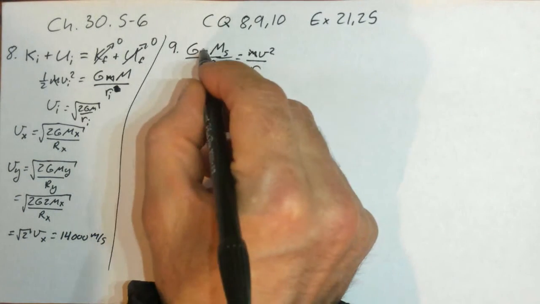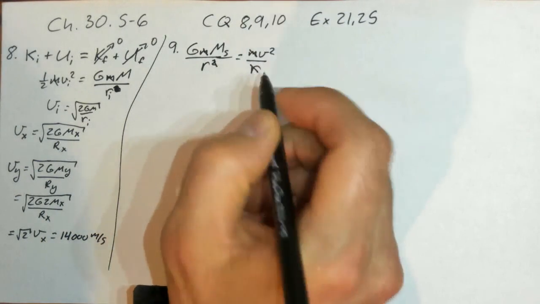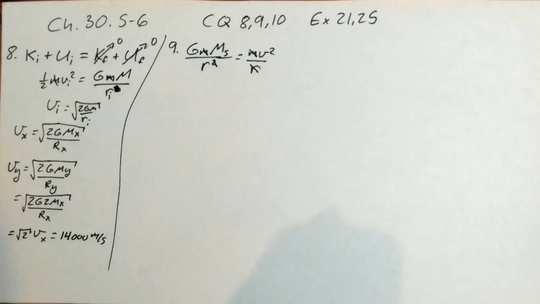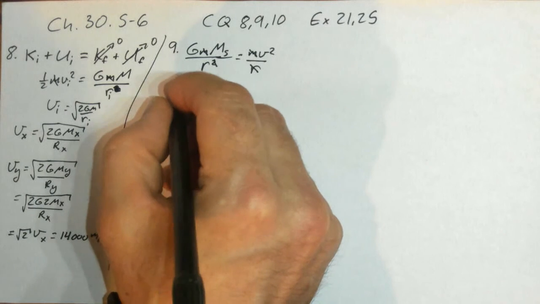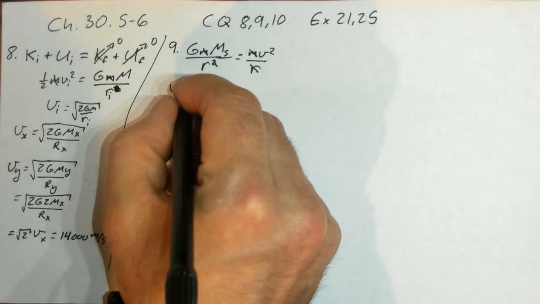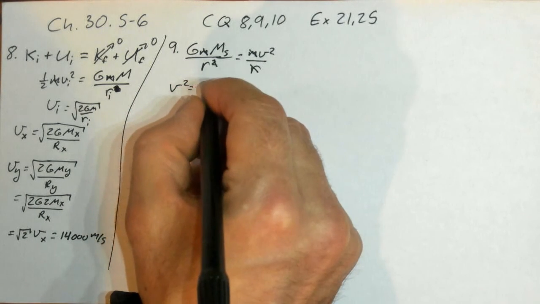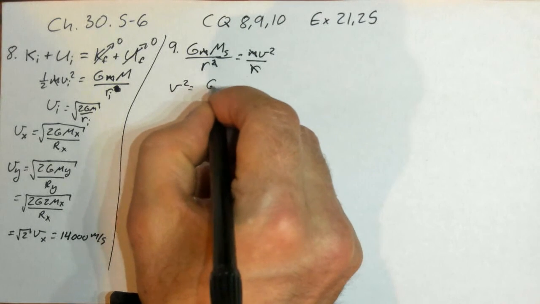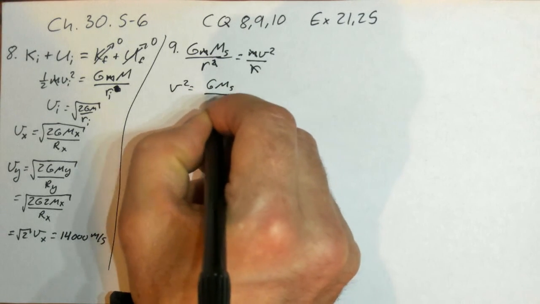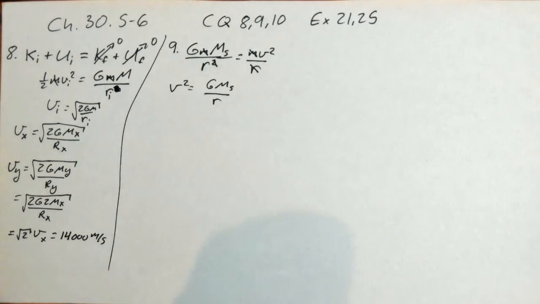We can cancel out the m's. We're trying to figure out the period, so we now need to find the period. We can see that v squared is equal to G M of the Sun over the orbital distance.